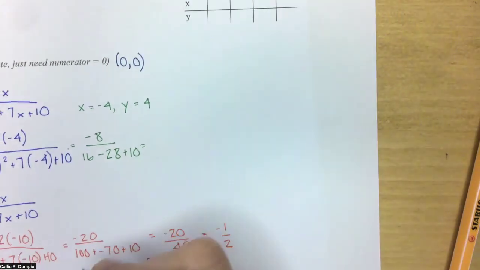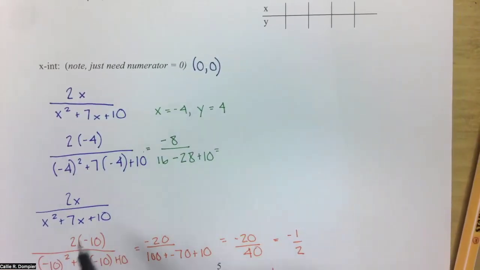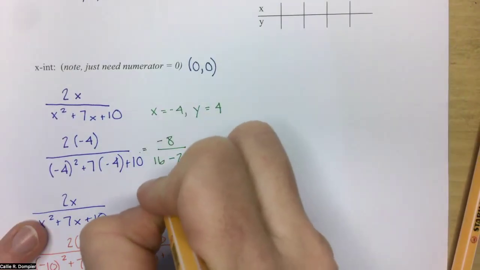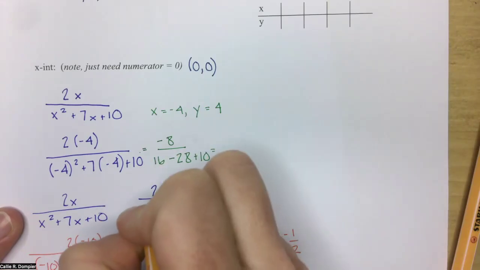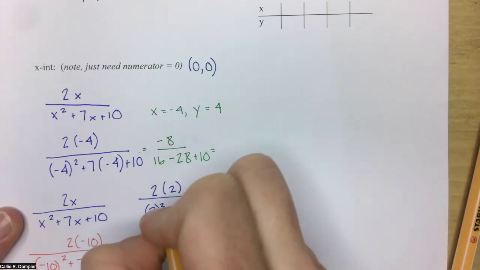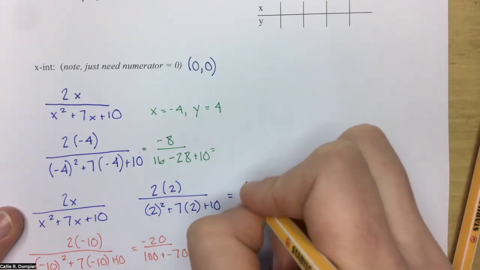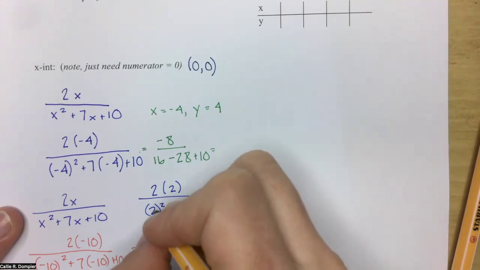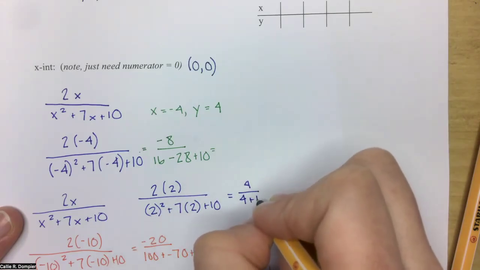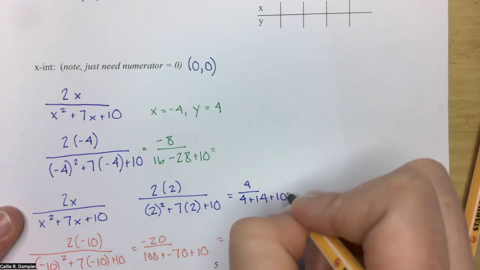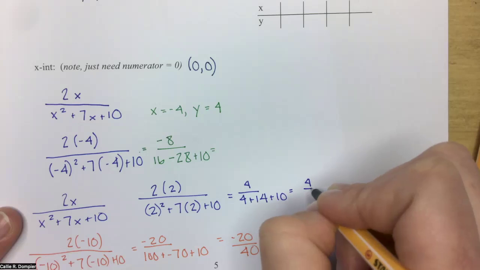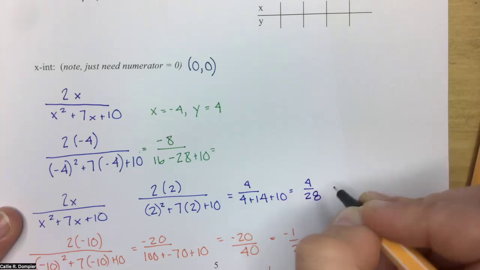So it was 2 times 2 over 2 squared plus 7 times 2 plus 10, which becomes 4 over 4 plus 14 plus 10, equals 4 over 28.